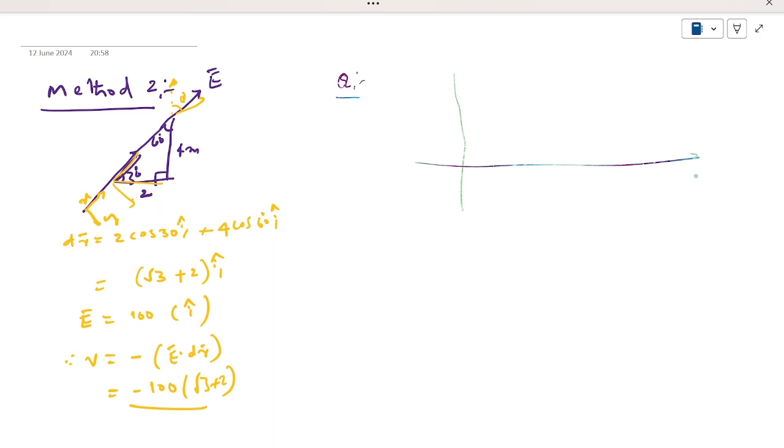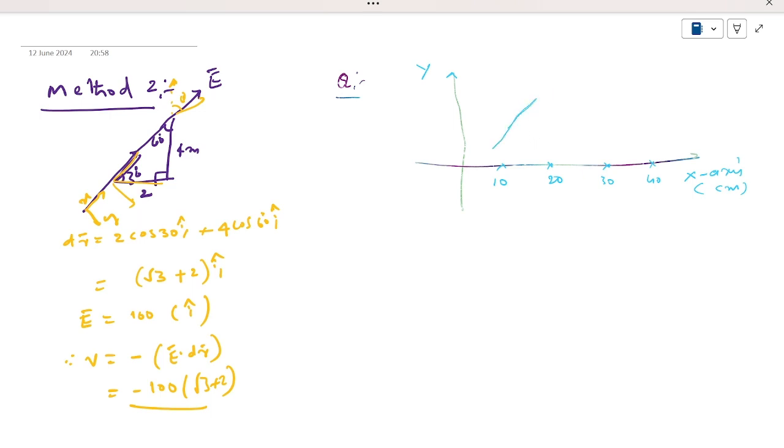Here this is the x axis, here is the y axis. Here distances are there, 10, 20, 30 and 40 centimeters. So there are equipotential surfaces they have given.